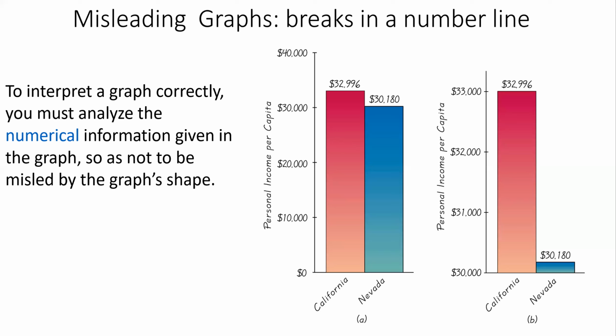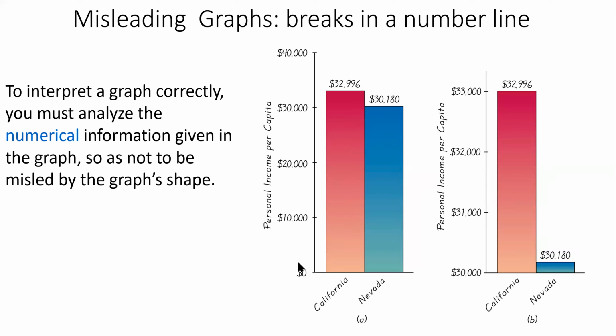What do I mean? If you compare the graph on the left and the graph on the right, you see that the difference is huge in the red bar versus the blue bar, even though it represents the same information.